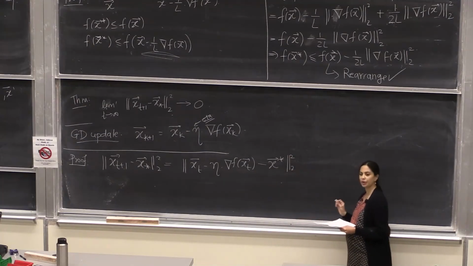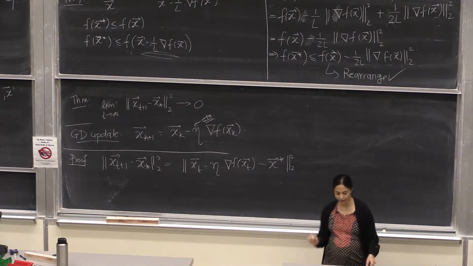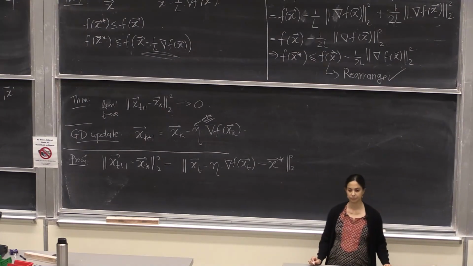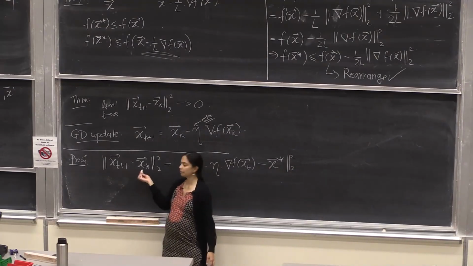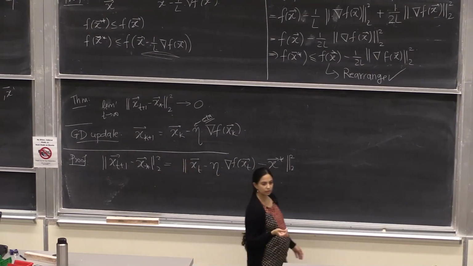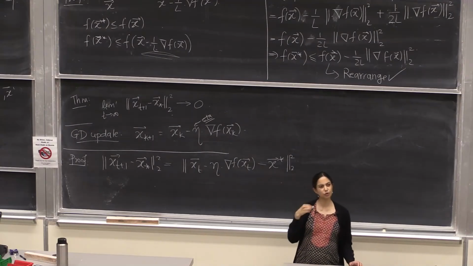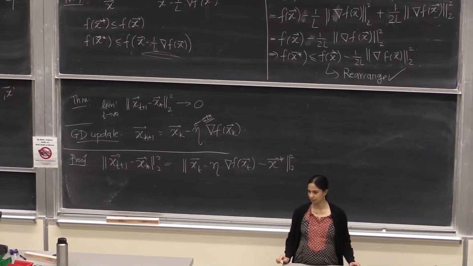And now what do I want to do? What do I ideally want to be able to say? I have x t plus 1 minus x star, right? If I want to prove that this is converging to 0 over time as t goes to infinity, what quantity would I want to be able to compare it to?